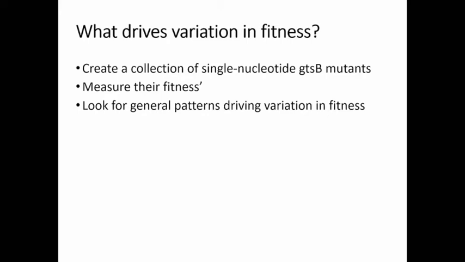We created a collection of single nucleotide mutants. These were a whole bunch of different synonymous and non-synonymous mutations throughout the gtsB gene. We tried to spread them out throughout the gene and have a range of different synonymous and non-synonymous mutations, measure their fitness, and then look to see if we can find some general patterns that explain the variation in fitness across that collection of mutants.